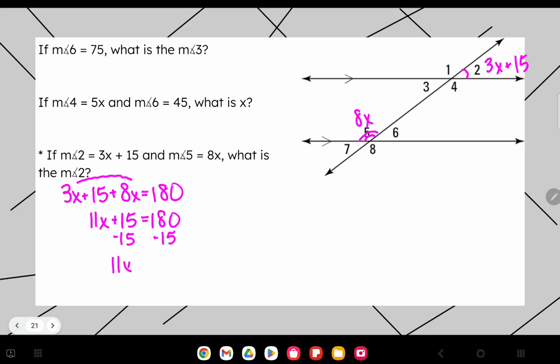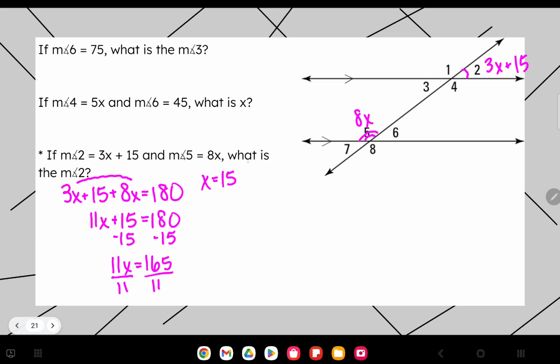And 11x equals 165. Divide both sides by 11, and x equals 15.